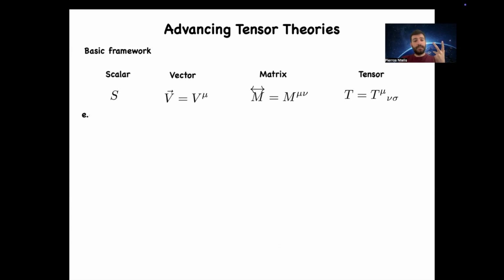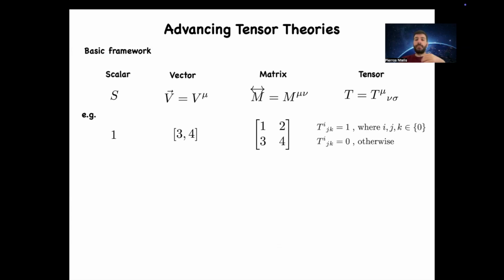You see that there is an example for a scalar, the number 1, which is one quantity. A vector has two quantities, a matrix has more than two quantities, and a tensor has multiple quantities that are described with indices.